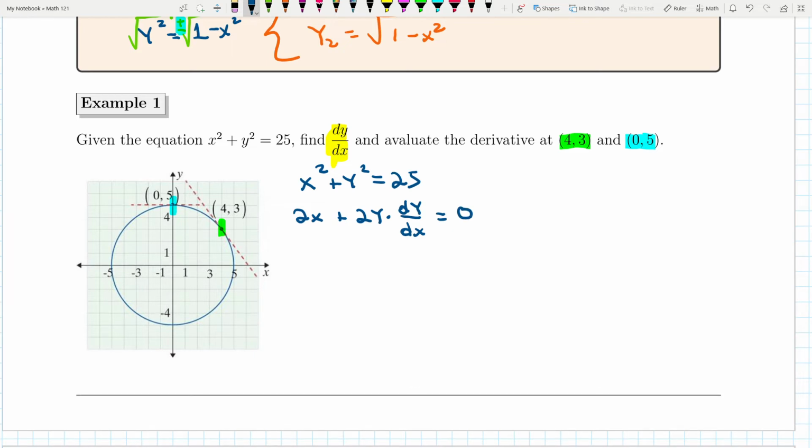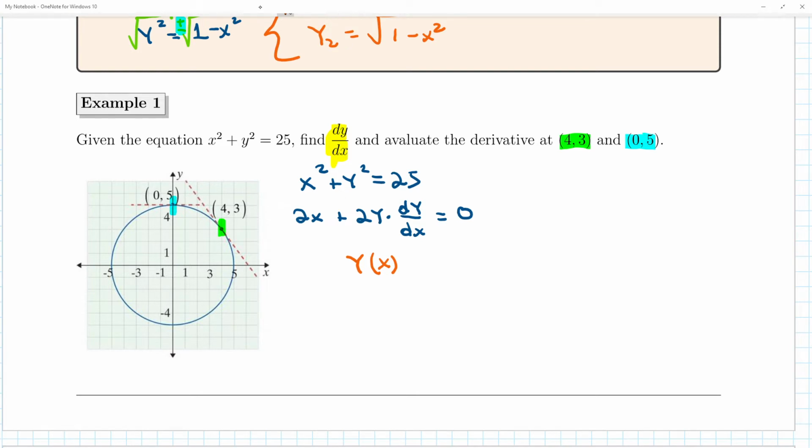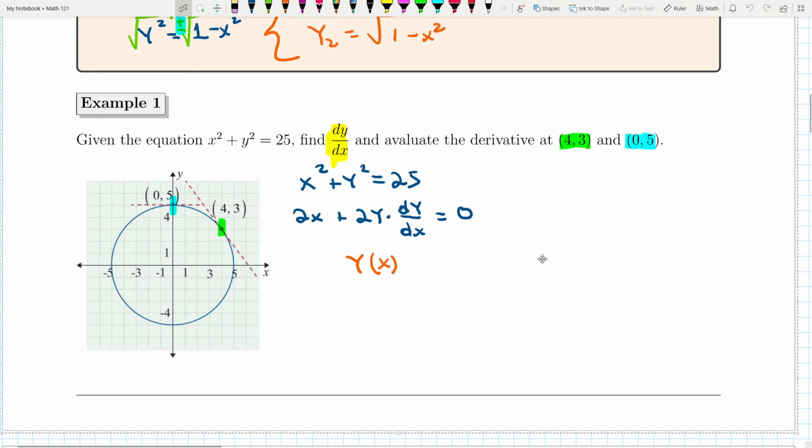Think of the following: this y is a function that actually depends on x. Just like what we did in the previous section about the chain rule, you can see it as a composition function for which the inner function is x and the outer function is y.